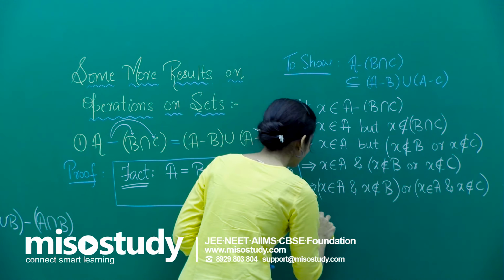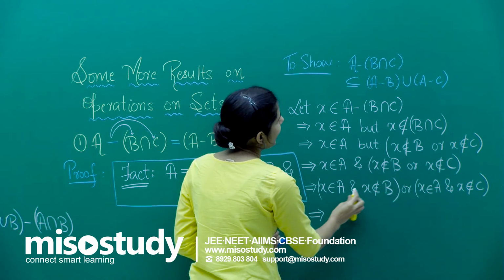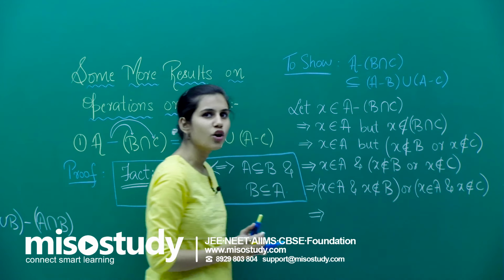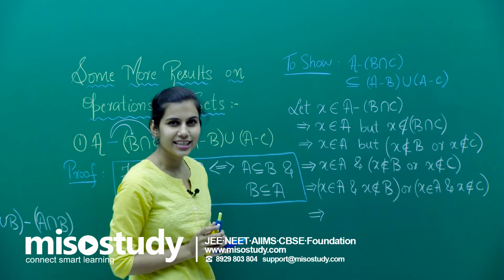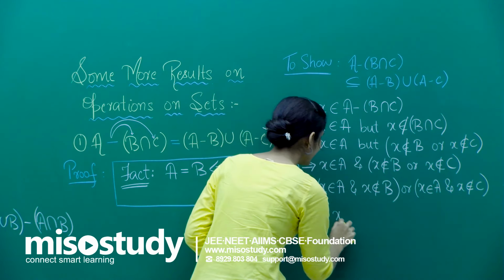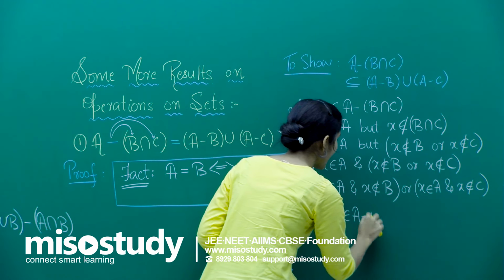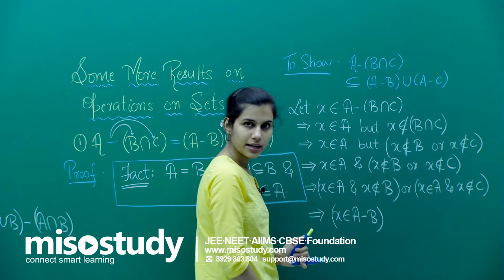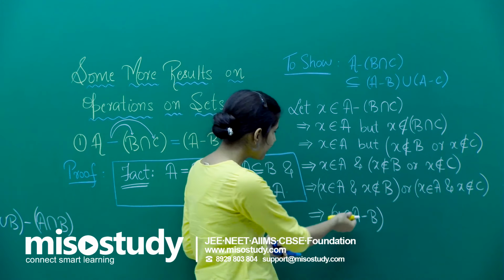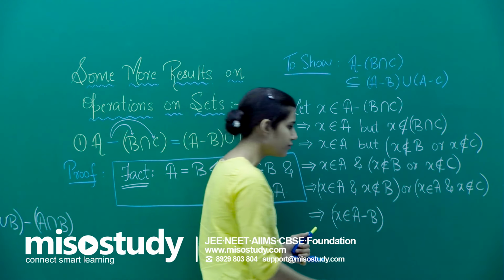And we know that if X is a member of A and X is not a member of B, then X is lying in the difference of A and B, because I am removing B from A, and that is what is written in the words above.